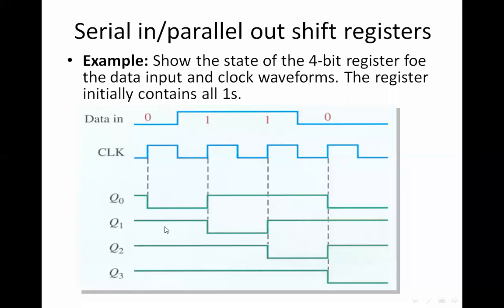Then Q1 also will have data. At the end, I have 0, 1, 1, 0. Right? So you can just make a note here. This is 0, 1, 1, 0. Is this data matching with our input here? Yes.